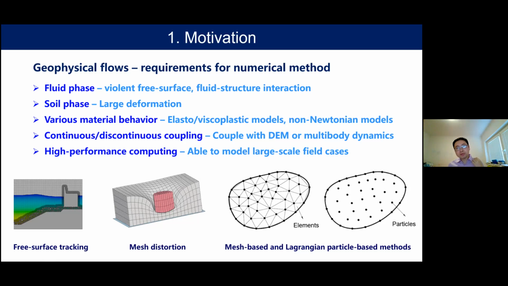But to be able to give satisfactory results, you need to find methods to speed up your simulation so it can be used to model large-scale field cases. So that's the requirement for the modeling of geophysical flows in a unified framework.